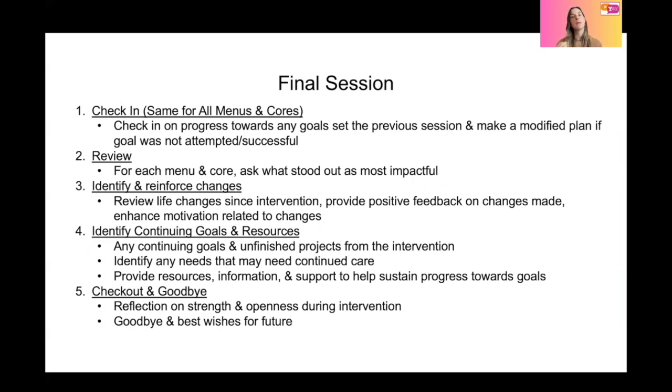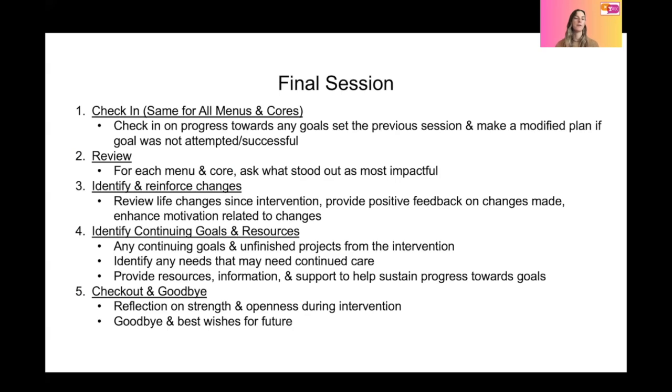Like, oh, I noticed you made this change in this area, and providing that positive feedback to really enhance the motivation related to changes that they made, steps they've taken, even changes they've considered that they might not have considered before. You're going to identify goals that are continuing, these ongoing goals, and identify any needs that they may have that could be supported by continued care.